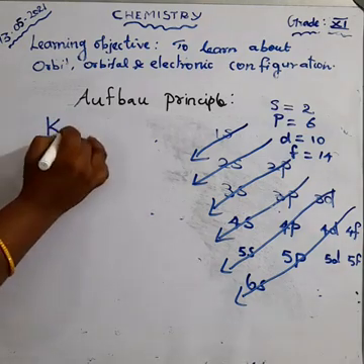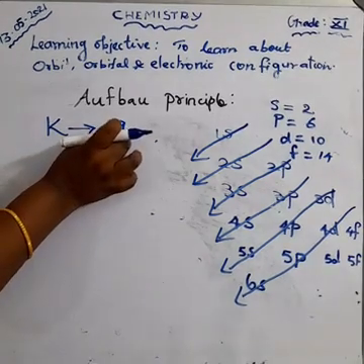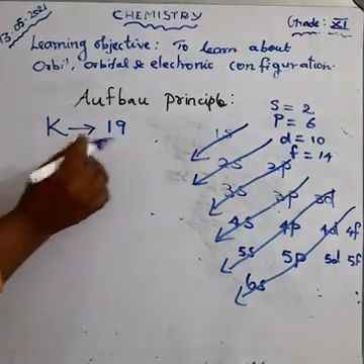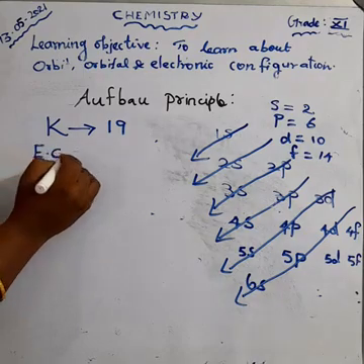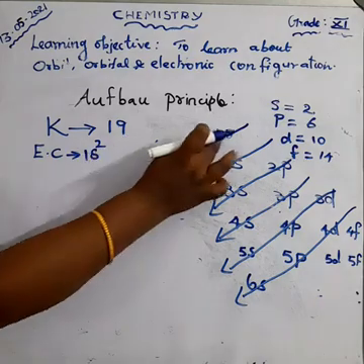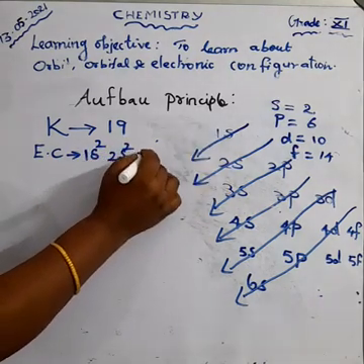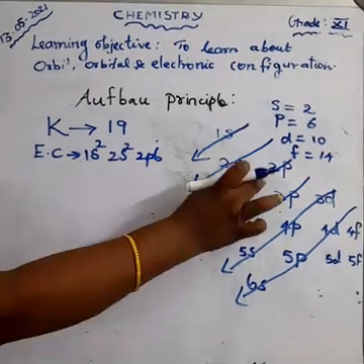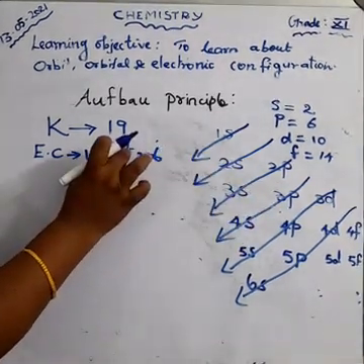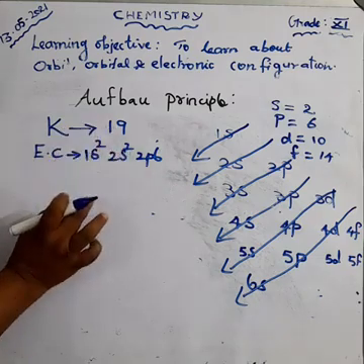Next, potassium. Atomic number of potassium 19. So 19 electrons are there. So how will you write the electronic configuration for potassium? First 1s2, 2s2, and then 2p6, so 2 plus 2 is 4, 4 plus 6 is 10. Remaining 9 electrons are there.